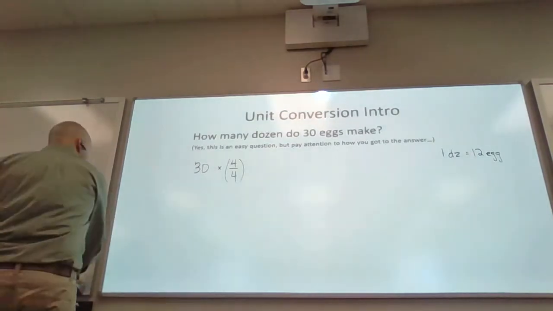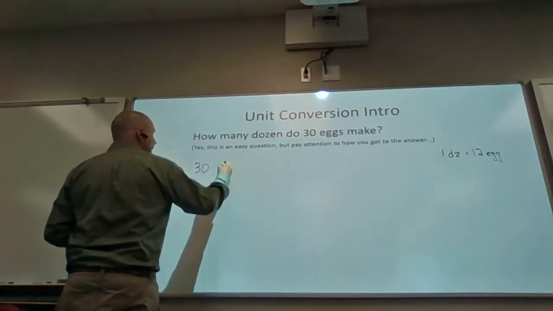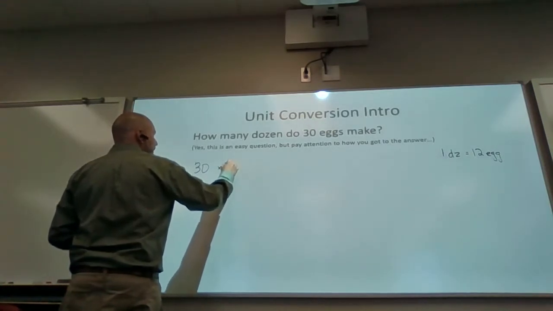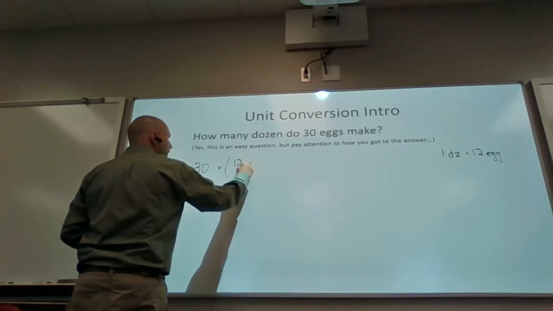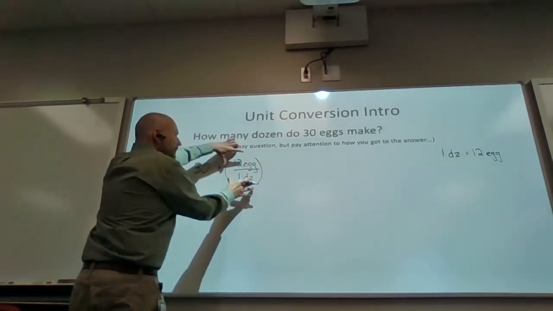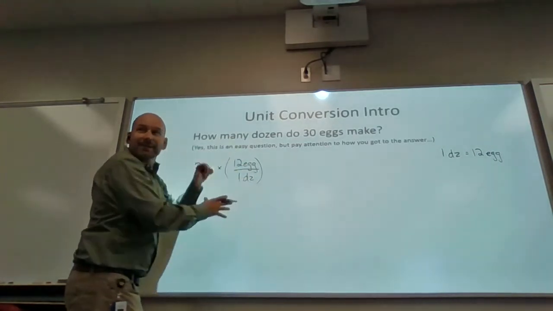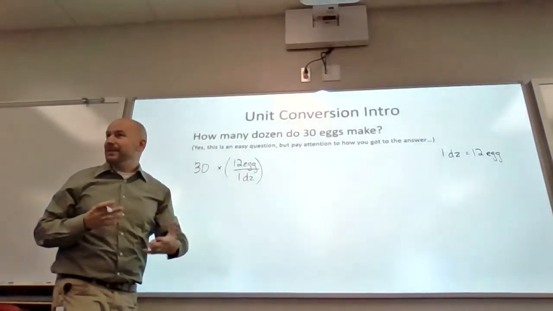If I take 30 and multiply that by 12 eggs over a dozen, what is this quantity? It's still 1. Does everybody see that? They're equivalent to each other. They're just expressed differently.